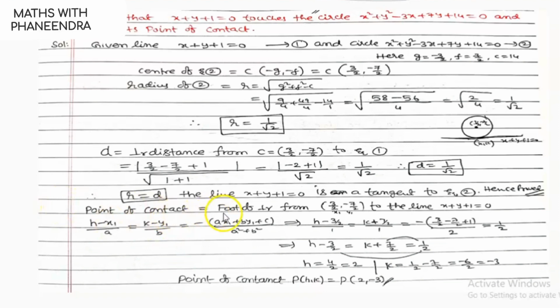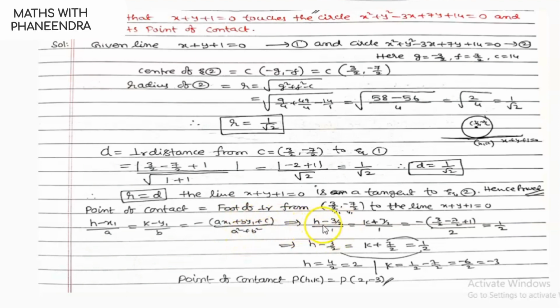Point of contact is equal to the foot of the perpendicular from the center of the circle (3 by 2, minus 7 by 2) to the line x plus y plus 1 is equal to 0. This equation when you compare with ax plus by plus c equal to 0, a is equal to 1, b is equal to 1, c is equal to 1. So write the formula for the foot of the perpendicular, that is the point of contact here. h minus x1 by a equal to k minus y1 by b equal to minus of (ax1 plus by1 plus c) by (a square plus b square).